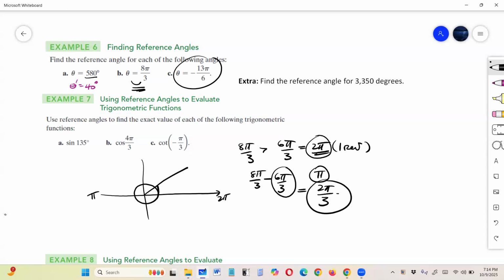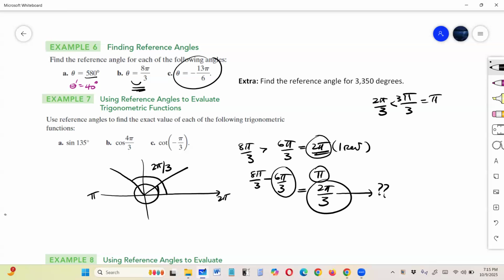All I have to find now is where is 2 pi over 3. Now, 2 pi over 3 is a little less than 3 pi over 3, which is pi, right? So it's in the second quadrant. So here is my 2 pi over 3.